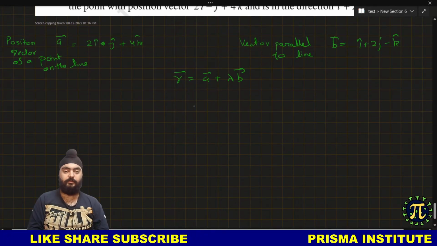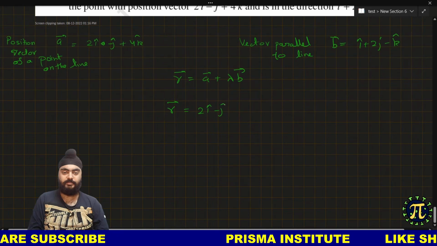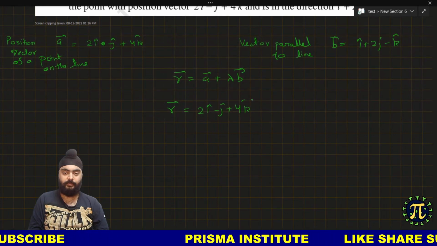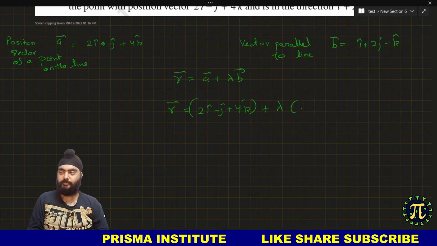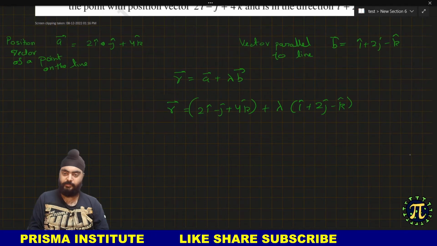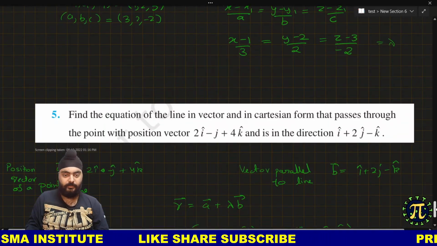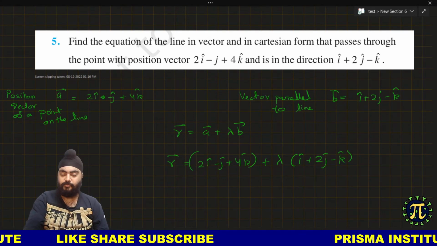So I found the equation 2i minus j plus 4k plus lambda times i plus 2j minus k. So let's check the numbers again. Yeah, 2i minus j plus 4k, i plus 2j minus k.